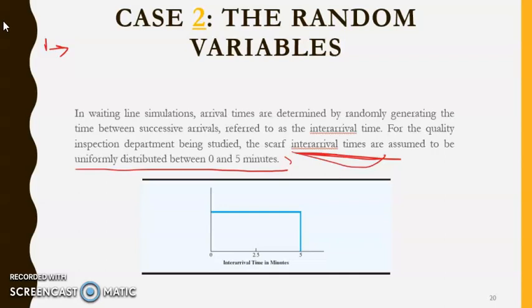Now when you think about it, pause the video and think about this. How do you simulate the arrival of the first customer, the arrival of the second customer?